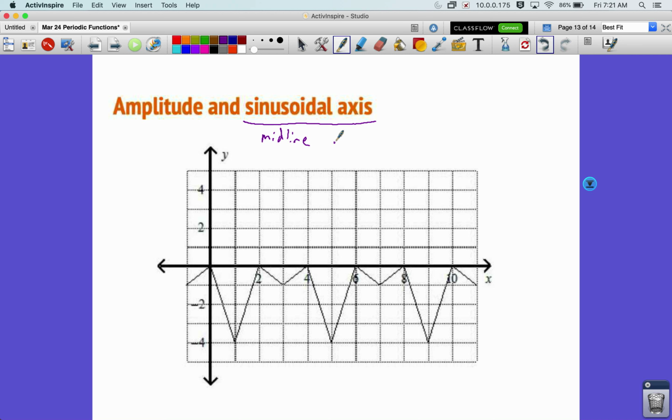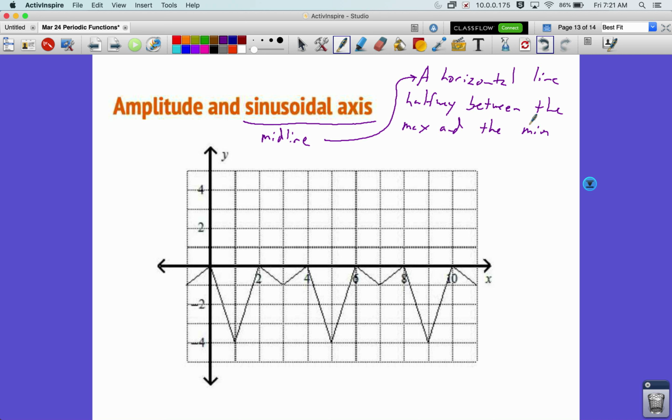All right, and the midline, we'll give that a definition, is a horizontal line halfway between the max and the min of the function. So the max and the min, we'll say y values of the function.